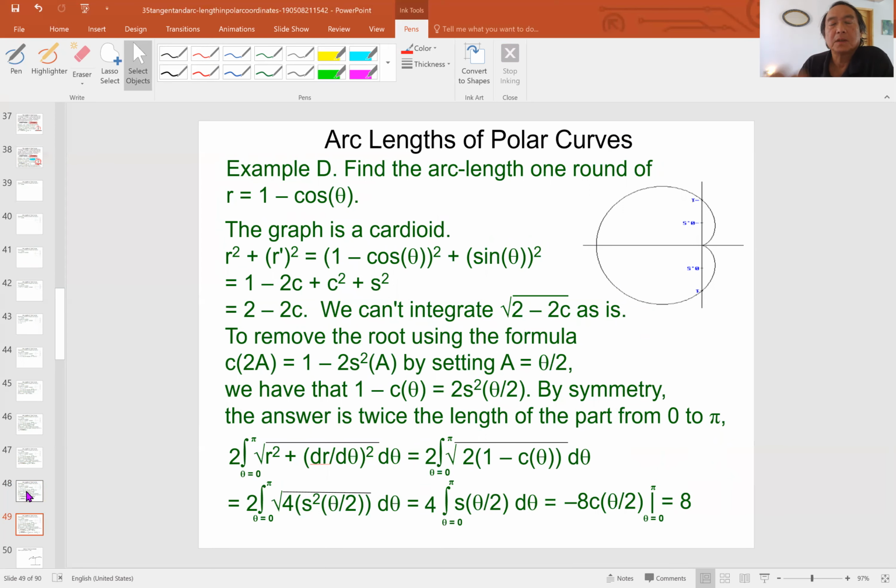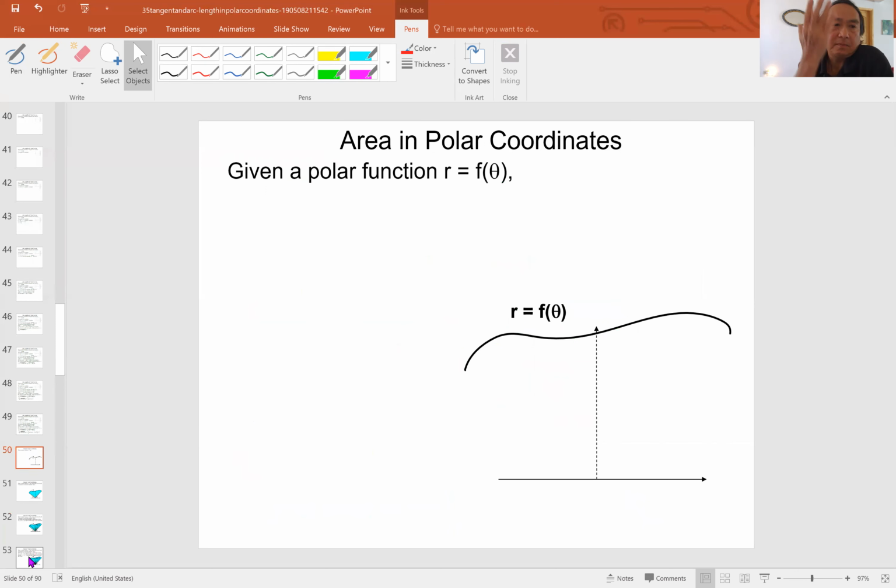These are the basic problems in terms of arc length formulas, and just as in the case of parametric forms or the regular y equals f of x form, it involves a square root, and so the integral usually involves some tricks, or else you have to create a problem with a strange power or strange form to make the integration come out nice and clean. Okay, so that's the formula for arc length.